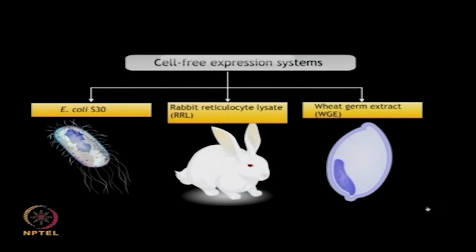Wheat germ extracts or WGE. This is a cell-free expression system that is capable of producing full length proteins with correct folding and PTMs from plant sources. Yields obtained in this system are, however, slightly lower than the E. coli and RRL based cell-free expression systems.